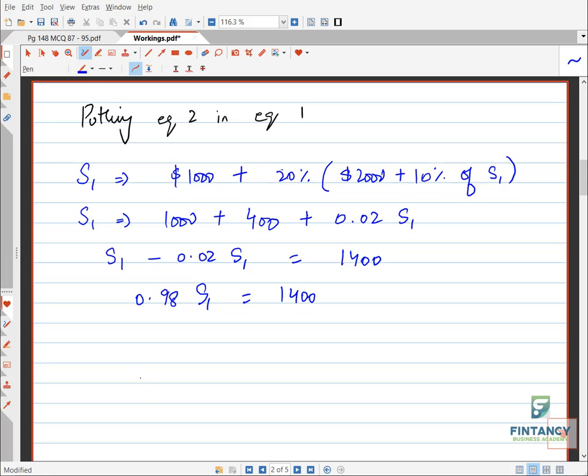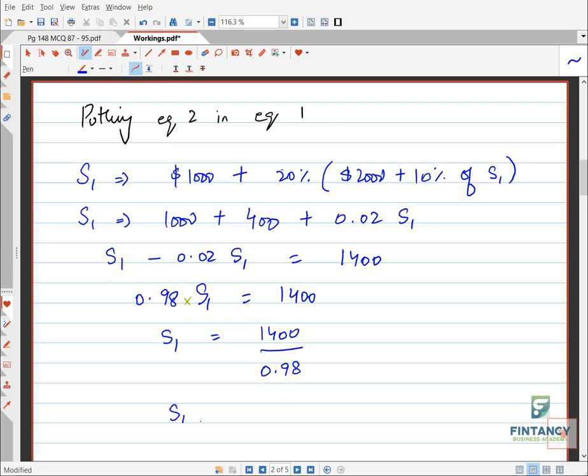If I need S1, what will I do? I will bring this 0.98 to the other side and it will be divided. Why divided? Because over here it is multiplied, right? So when I take it to the other side, I will divide.